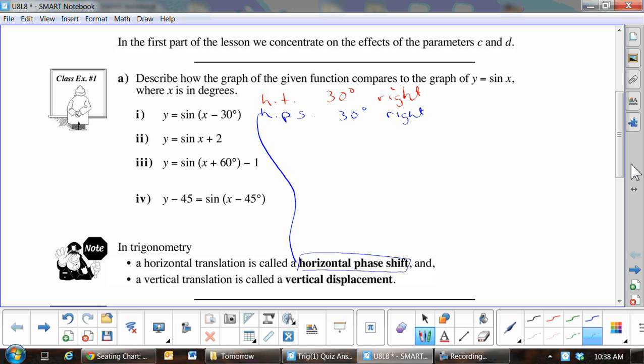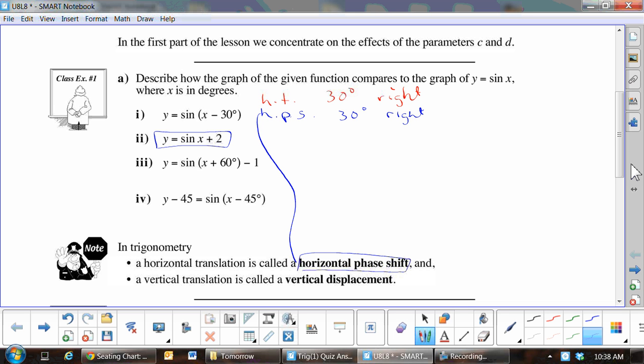Okay? One should hardly bug you at all because at noon hour you can fix it. So I'm going to ask you to please do horizontal phase shift when it is trig. Okay?